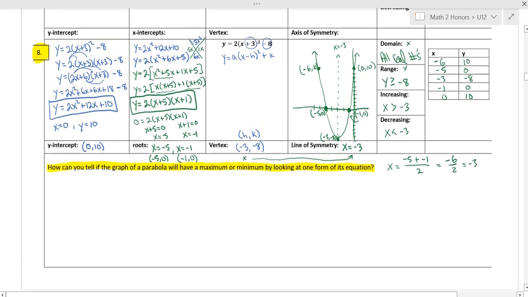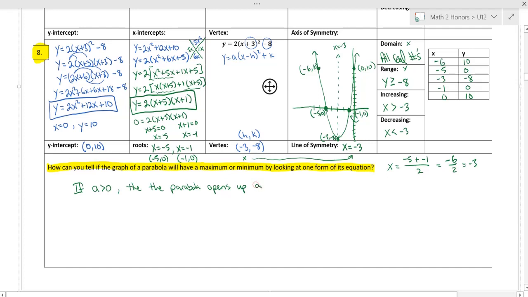So if a is positive, and a is the number in front of x squared, then, and we said this last time we went over our homework on 1 through 6, if a is positive, then the parabola opens up. If the parabola opens up, that means the vertex will be a minimum.